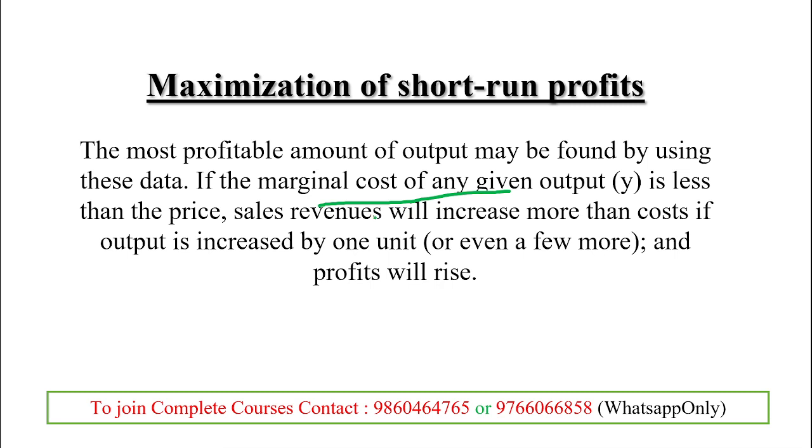Marginal cost is the additional cost incurred by a firm, and here it is less than the price. When marginal cost is less than the price, if output is increased by 1 unit, the increase in revenue exceeds the increase in MC.